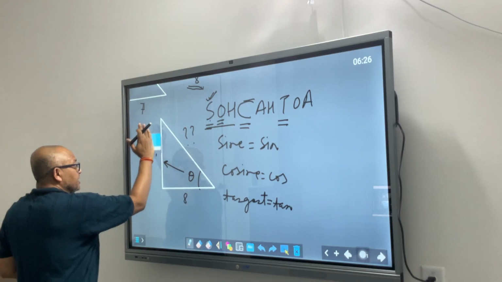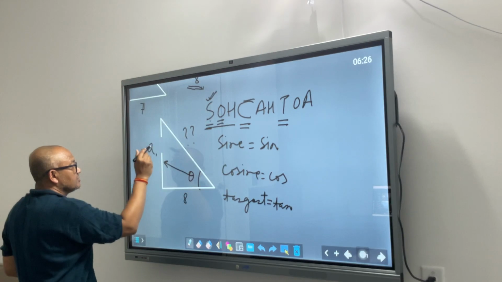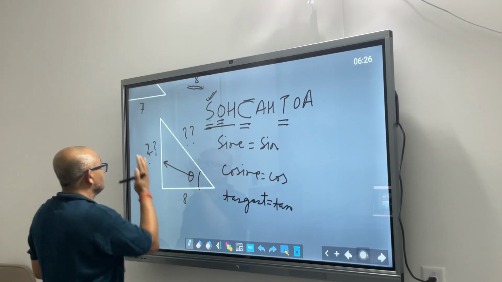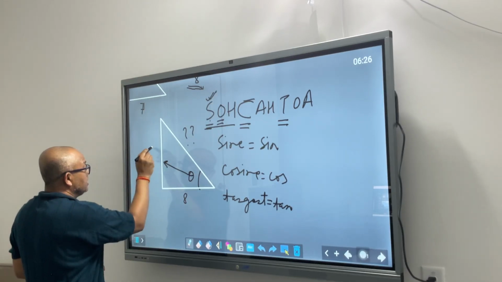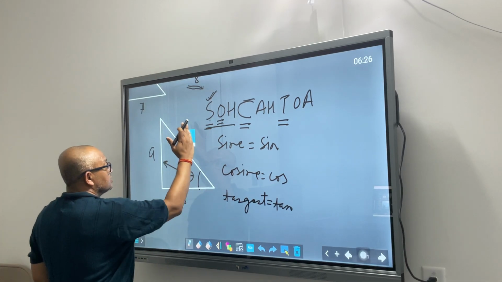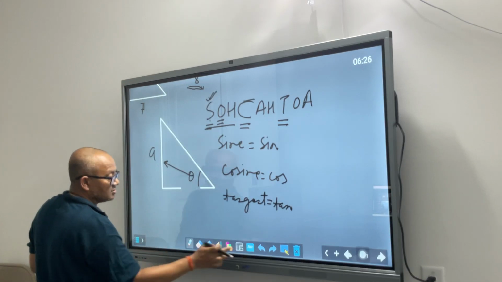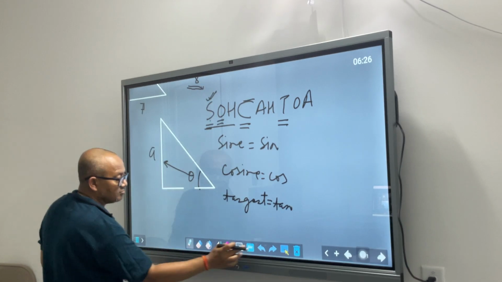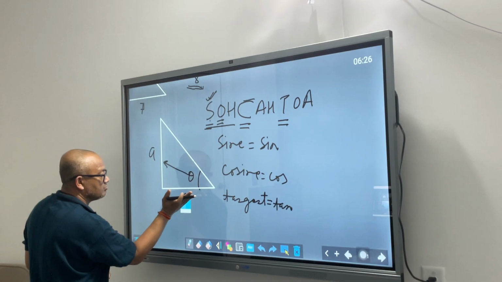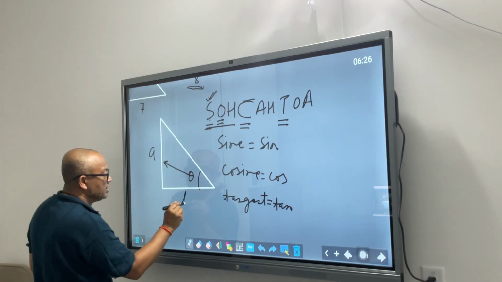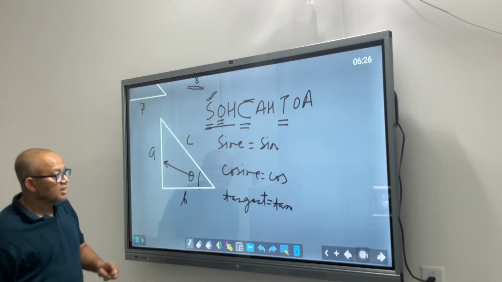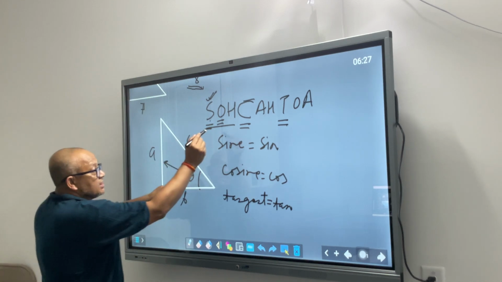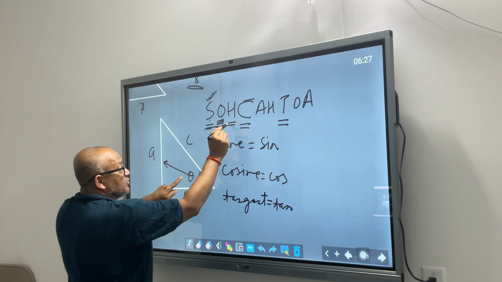Let's say this one is A, this one is B, and this one is C. So sine of an angle theta is equal to opposite side divided by hypotenuse.